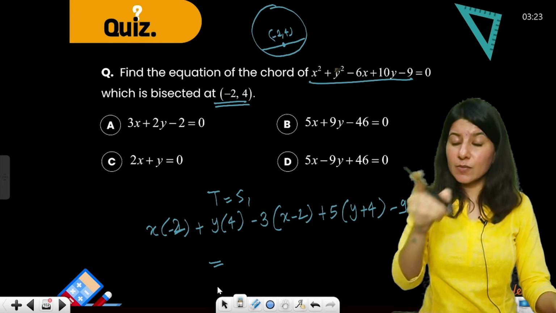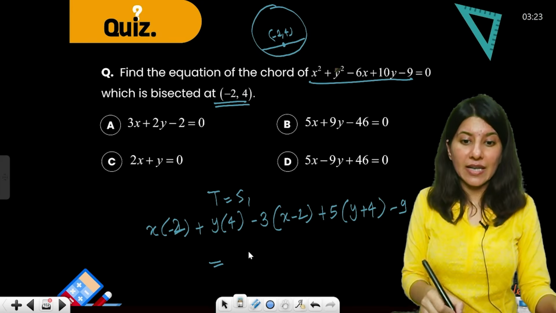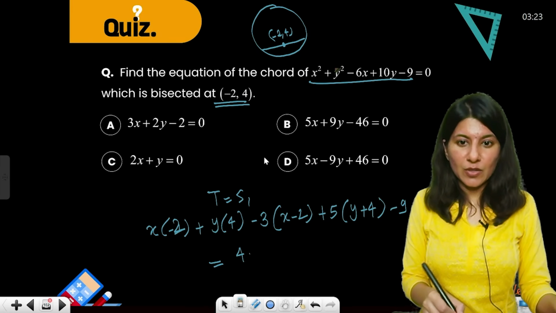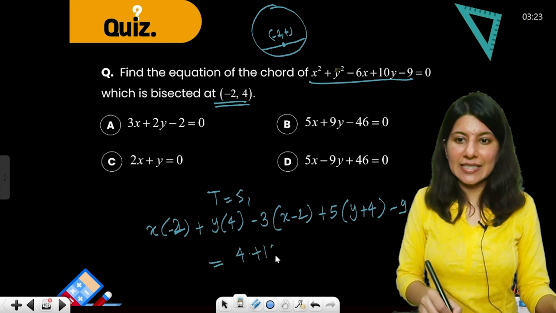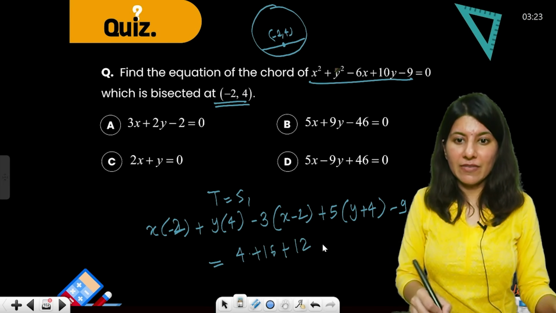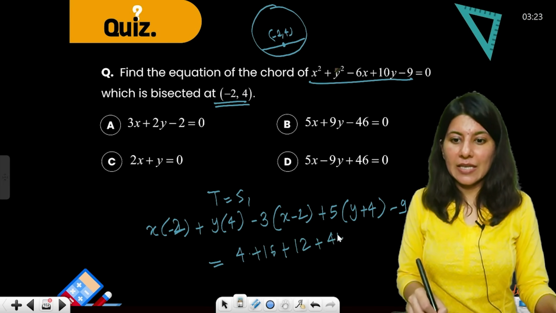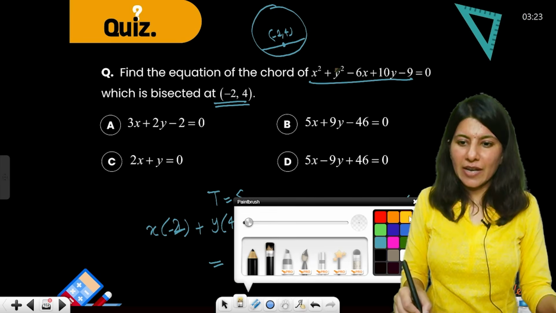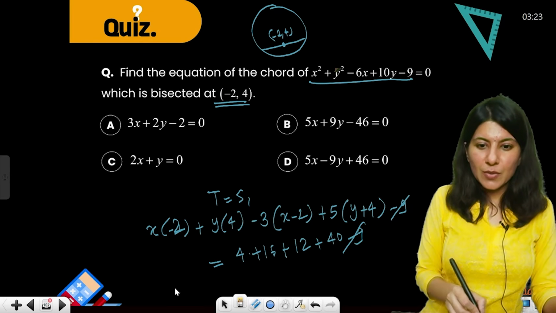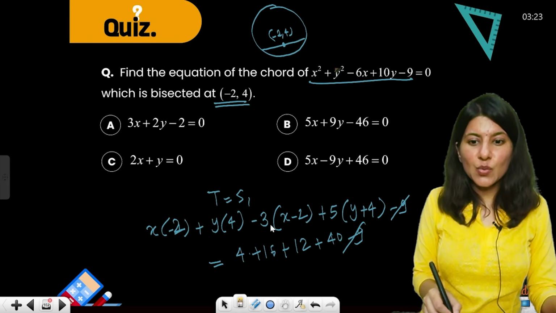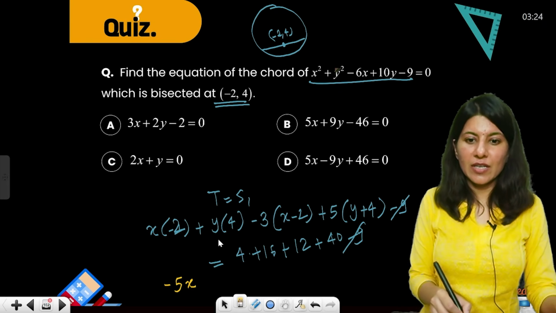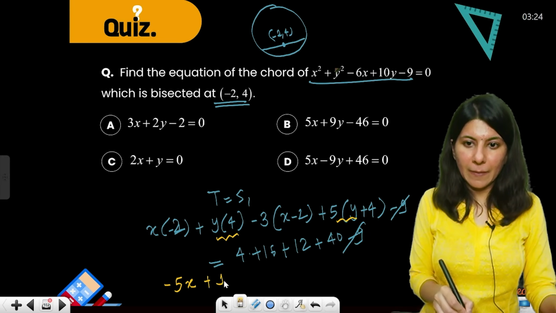Now you have to just put that point in the right hand side, S1. Don't forget the 4. Minus 2 square is 4, plus 16, plus 12 plus 40 minus 9. Minus 9 cancels and you just have to solve it. So this is going to become minus 2x minus 3x, so this is minus 5x. Then 4y and 5y, so plus 9y.